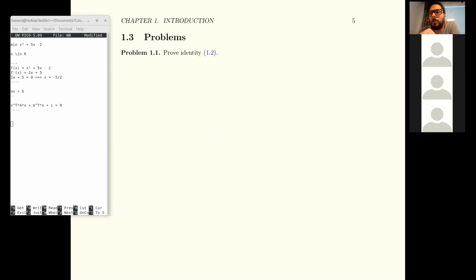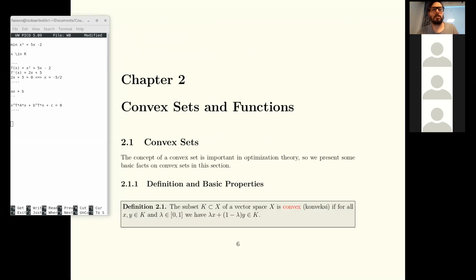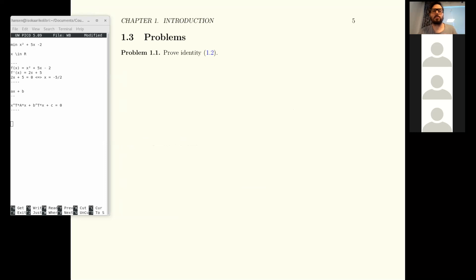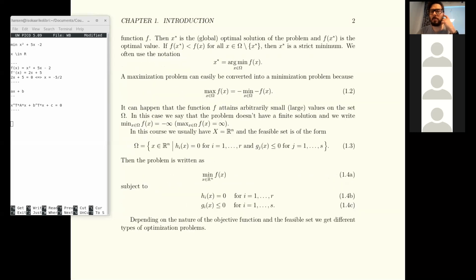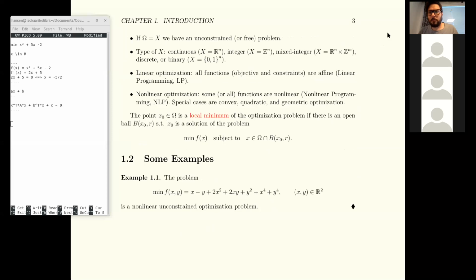Today, I'm going to cut this lesson short because we will continue tomorrow on convex sets and functions. This is more like a warm-up and basic laydown of the ideas. I'm not going to end this session quite yet.